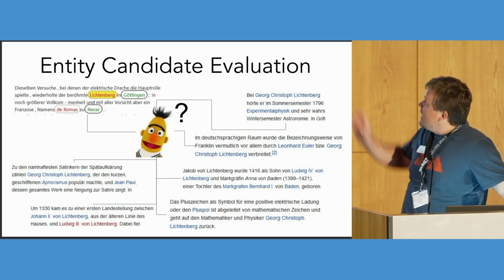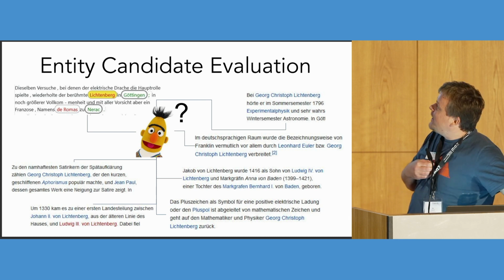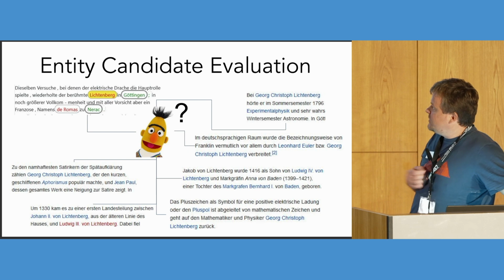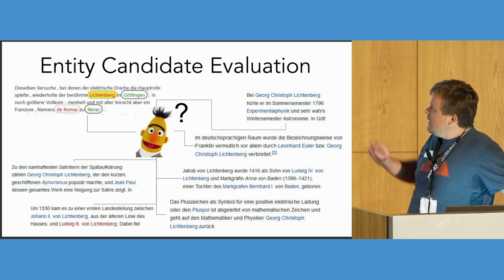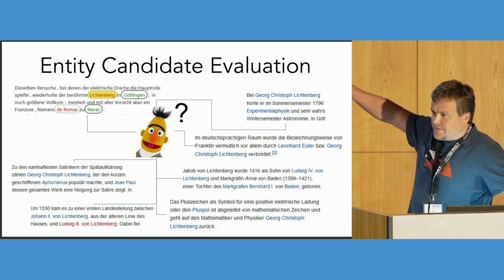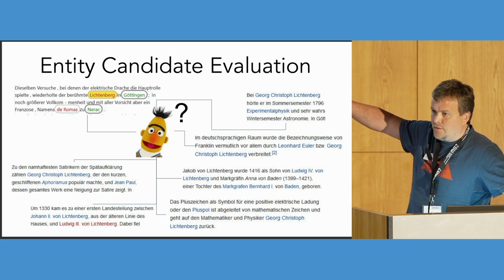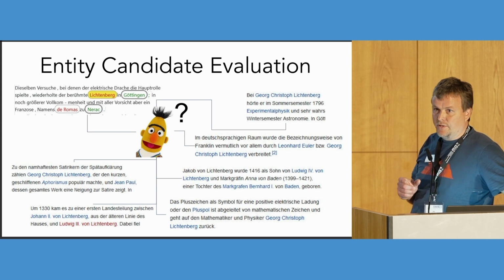So let's say we have this text passage Lichtenberg, and let's say our candidate list is pretty small. We have Georg Christoph Lichtenberg and we have Johann von Lichtenberg in that small list of candidates. Then the entity linking system takes from a database all the sentences in Wikipedia that talk about either Georg Christoph Lichtenberg or Johann von Lichtenberg. And that means we only consider sentences where actually a human, a Wikipedia author, has added a link to that corresponding entity.